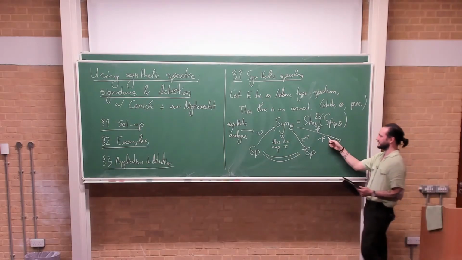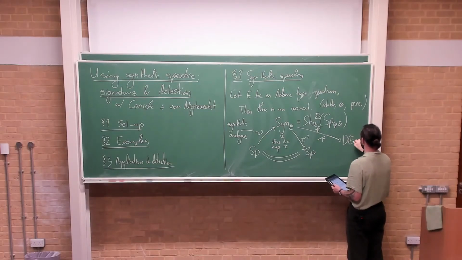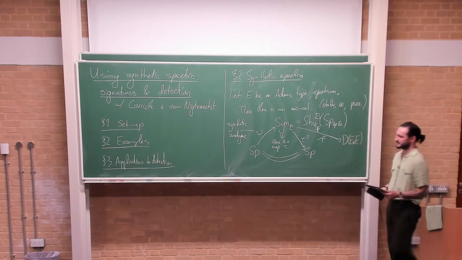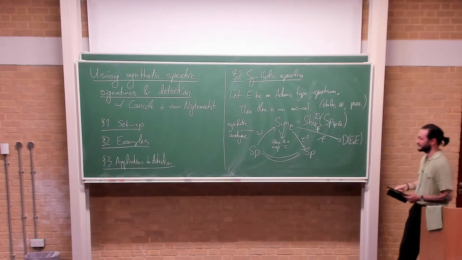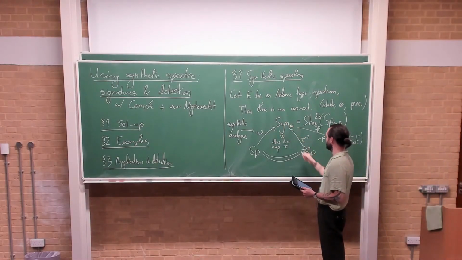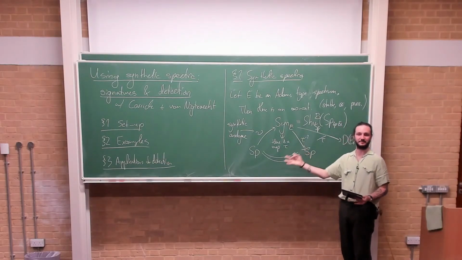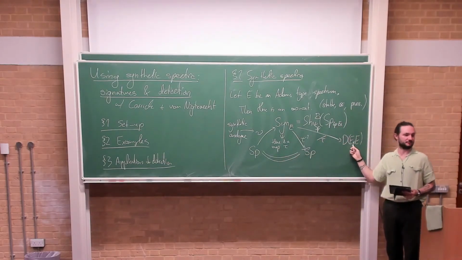And what's happening over here is when we take a quotient by tau, we're ending up in some derived category of E star E comodules, some stable infinity categorical version of that. So the takeaway is that if you have a synthetic spectrum, you could invert tau to recover the underlying spectrum, or you could kill tau to get some algebraic object.